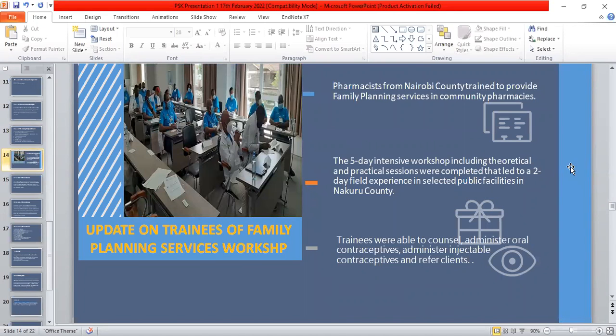So just a little update on what we've done so far. The pharmacists from Nairobi County were trained to provide family planning services in community pharmacies. This was a 5-day intensive workshop, including theoretical and practical sessions. This was completed, and it led to a 2-day field experience in selected public facilities in Nakuru County.